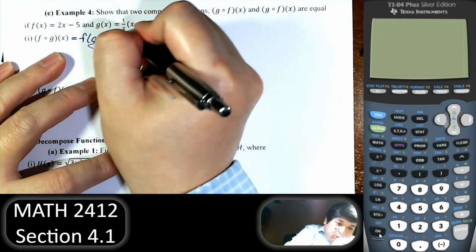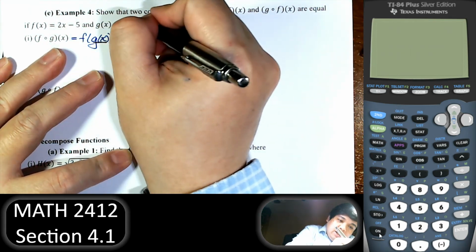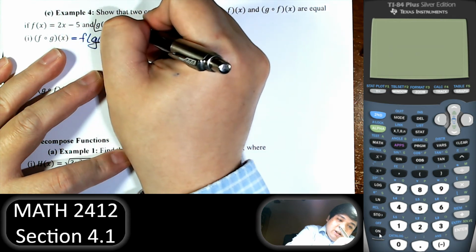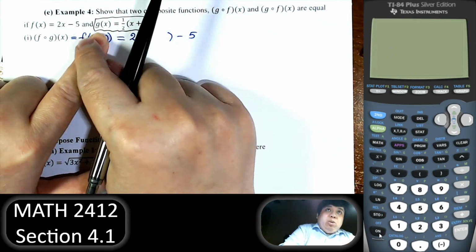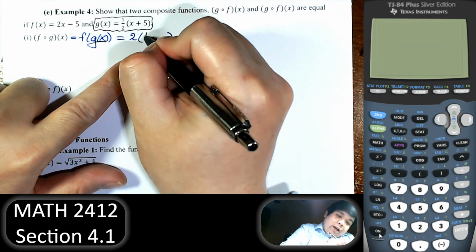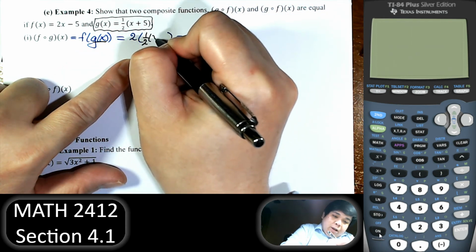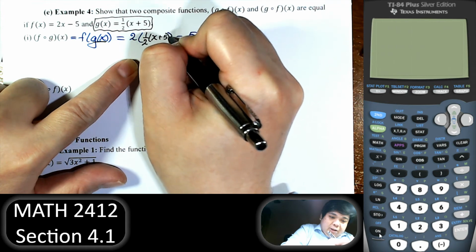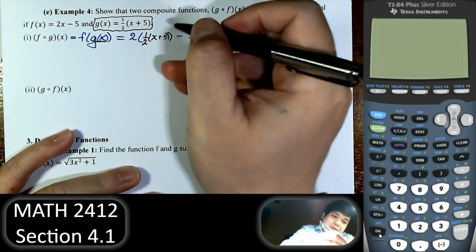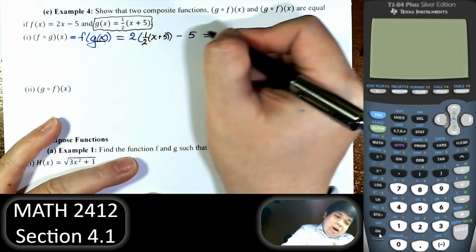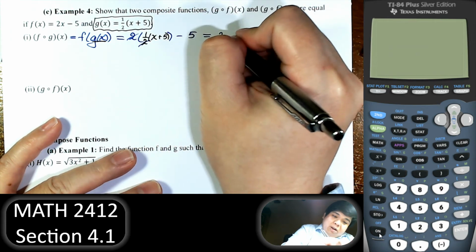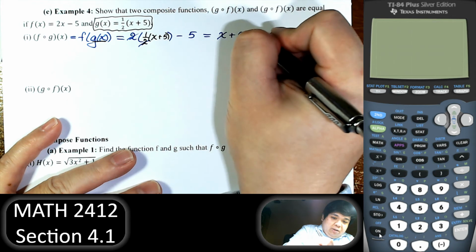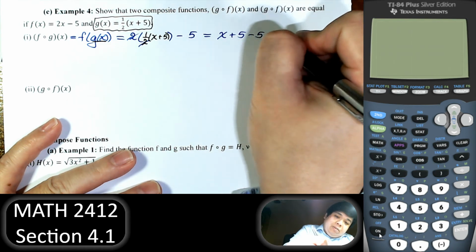Inside of that we will put the function g of x, both of them here: 1/2 x plus 5. Now multiply it out. 2 and 1/2 cancel out. We have x plus 5 minus 5. It's going to be x.